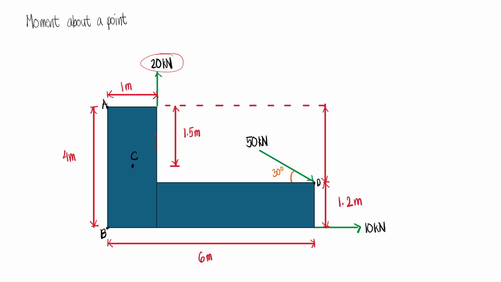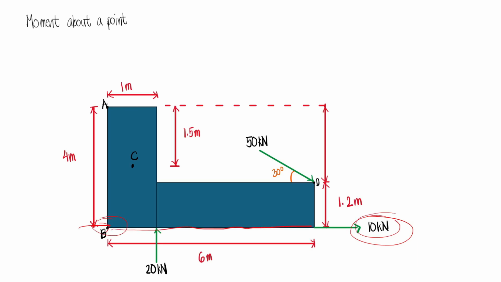You can move it here, here, or even here. Let's see that in action. You can actually move the 20 kN load right at the bottom. Now it will look like this, and this won't change a thing because it's still along its line of action. So this is what you have to remember. Similarly, you can also move the 10 kN load to this point, because this is still along the line of action of this particular force.